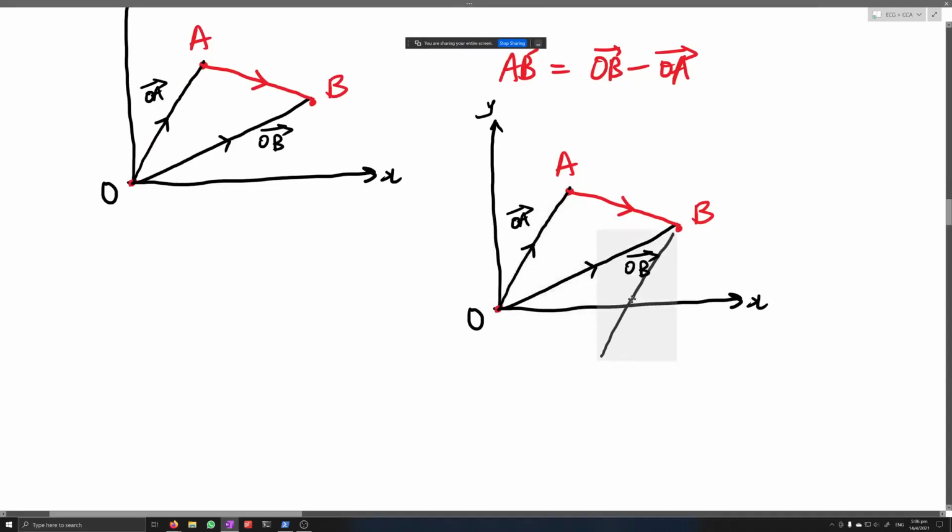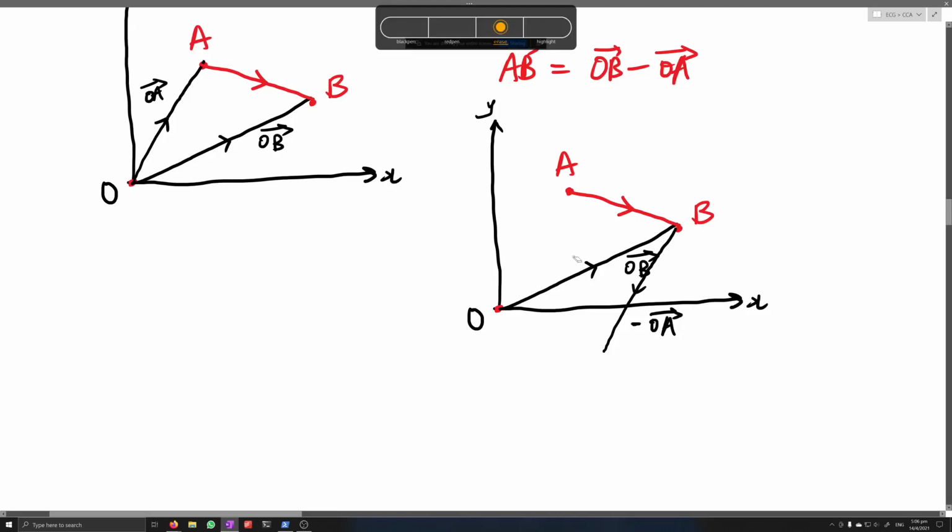Imagine you move OA down here, then you flip the direction of OA, minus OA, then your resultant will be here.